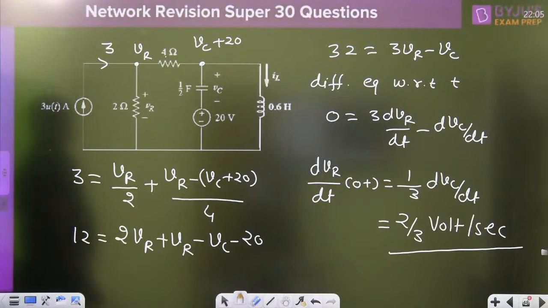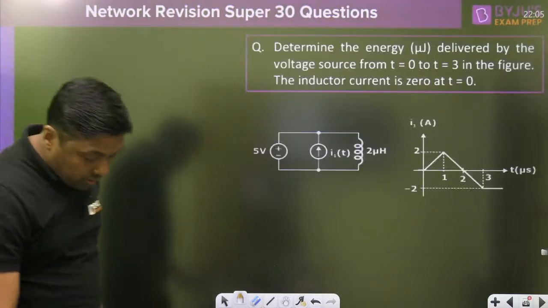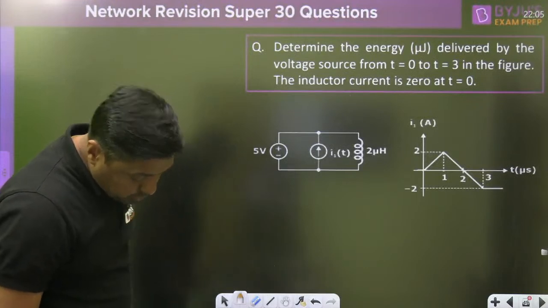Right. Any doubt, then you can ask. I think up to this point everything is clear.